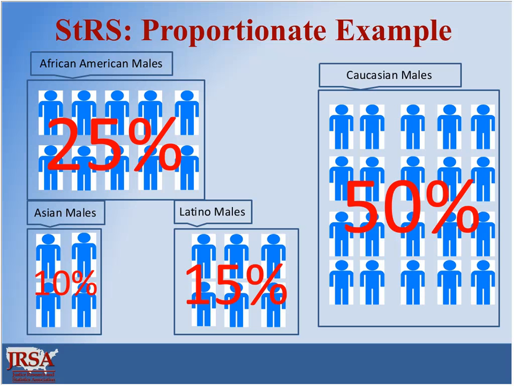So if we were to utilize proportionate sampling, we would randomly select a sample from each of these groups, but then they would represent the same percentage.